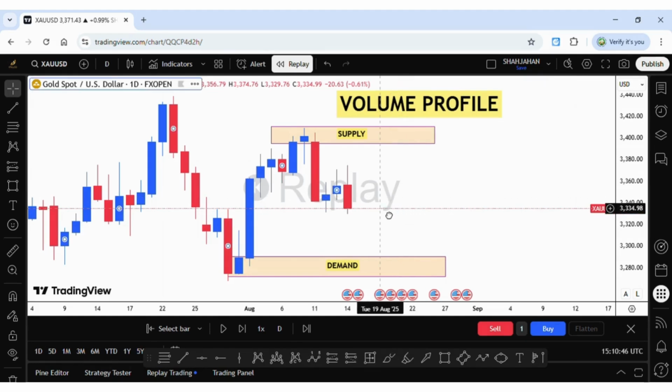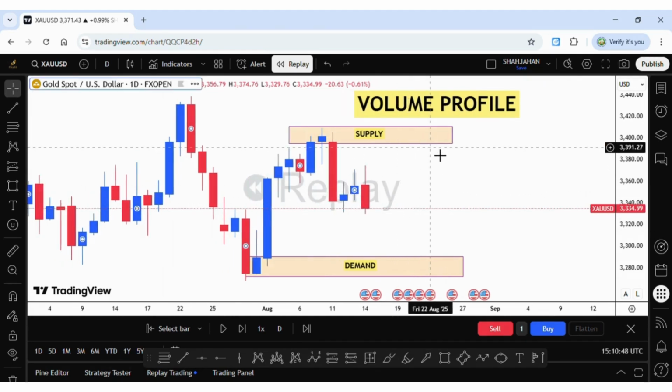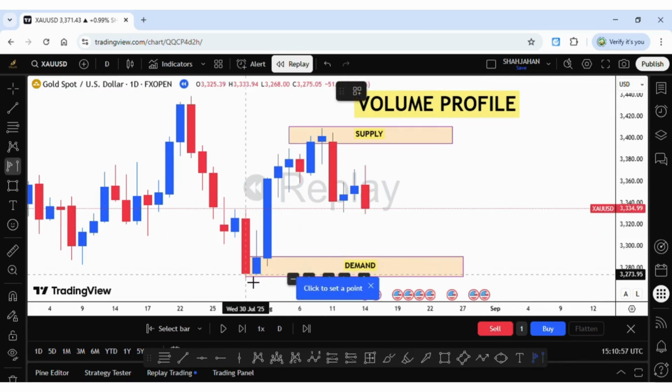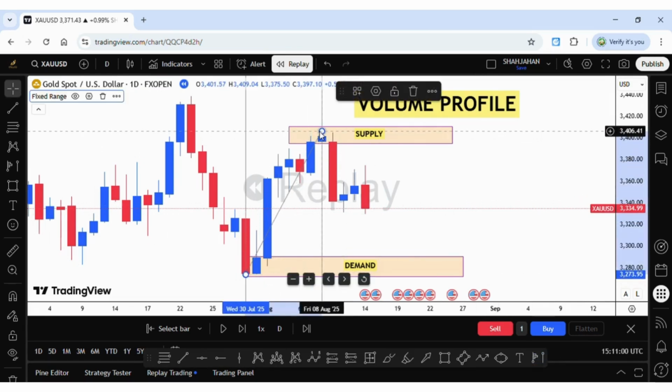So here is our one tool. The name is volume profile, FRVP. Just take this tool and apply it from low to high.